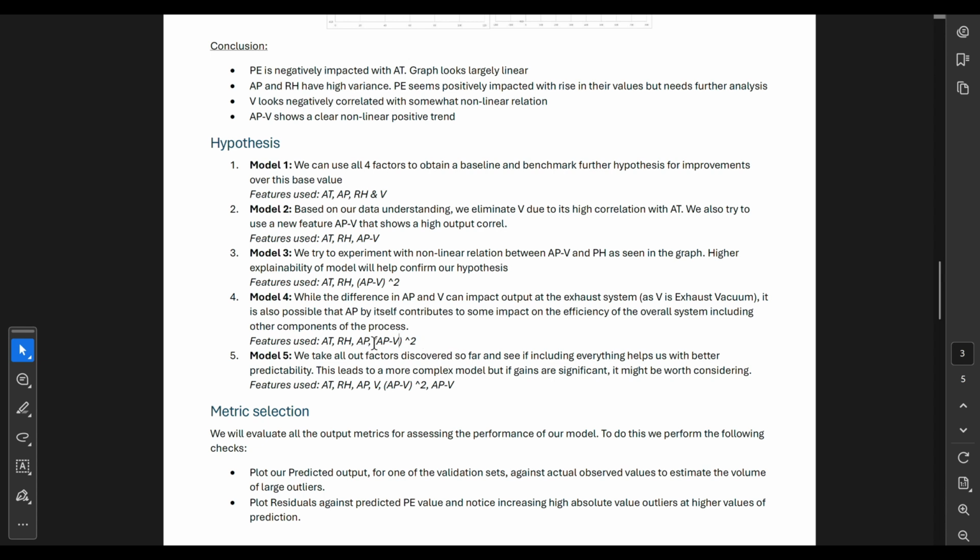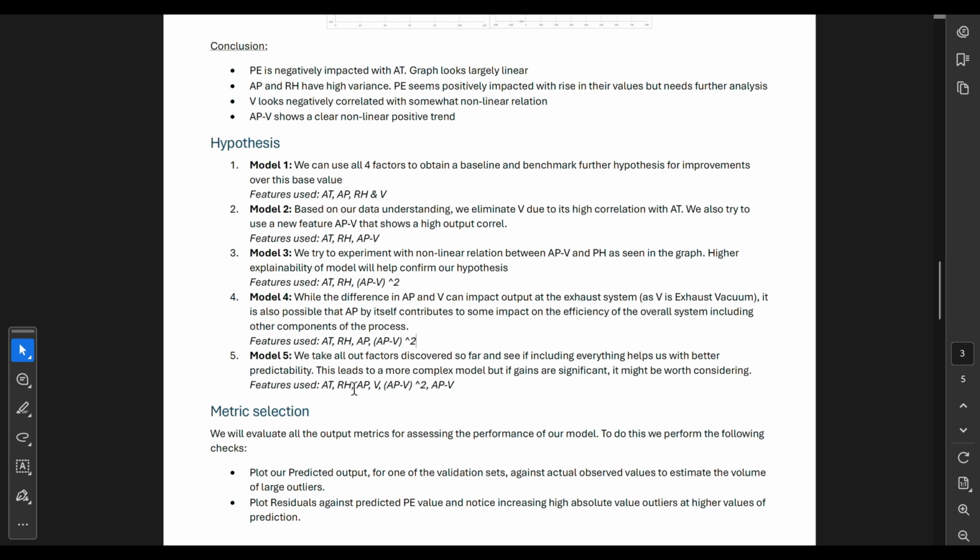The reason for this is because there are various stages within a power plant for this whole power generation process, and while AP minus V might impact one of the stages where the exhaust vacuum happens, the ambient pressure might impact the efficiency of some of the other stages of the process. So that was one of the hypotheses that I had in my mind, and to test that, I created this particular model, model 4, and we will see how that performed with the other models.